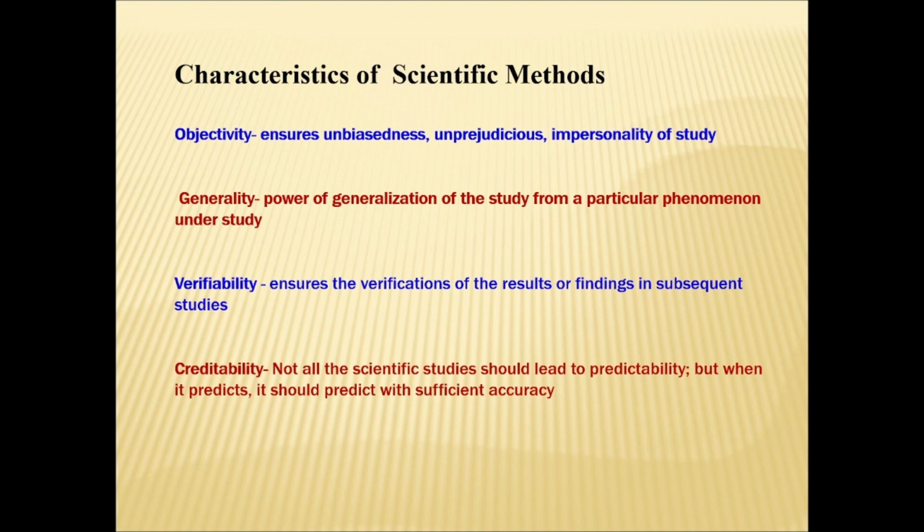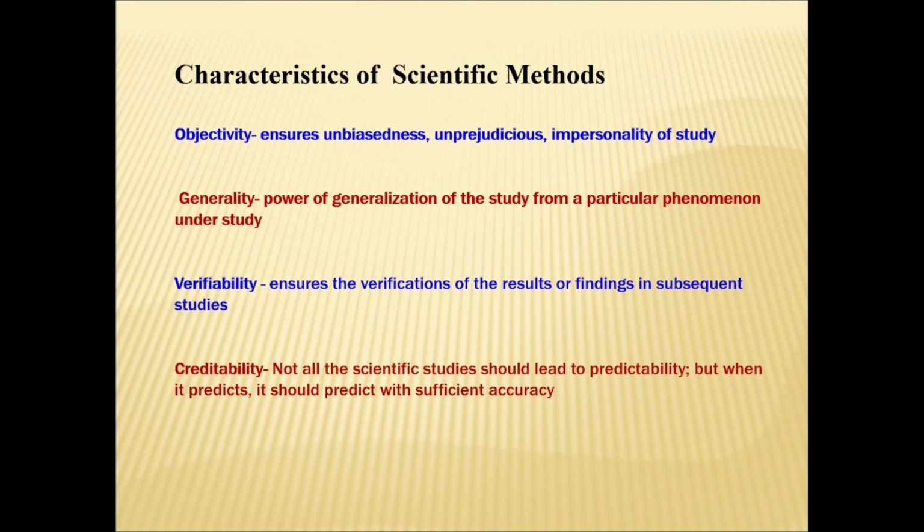If you are biased or prejudiced, then you are not going to have the objectivity to follow the scientific method. It should be beyond any bias or prejudice, and free from all of them.